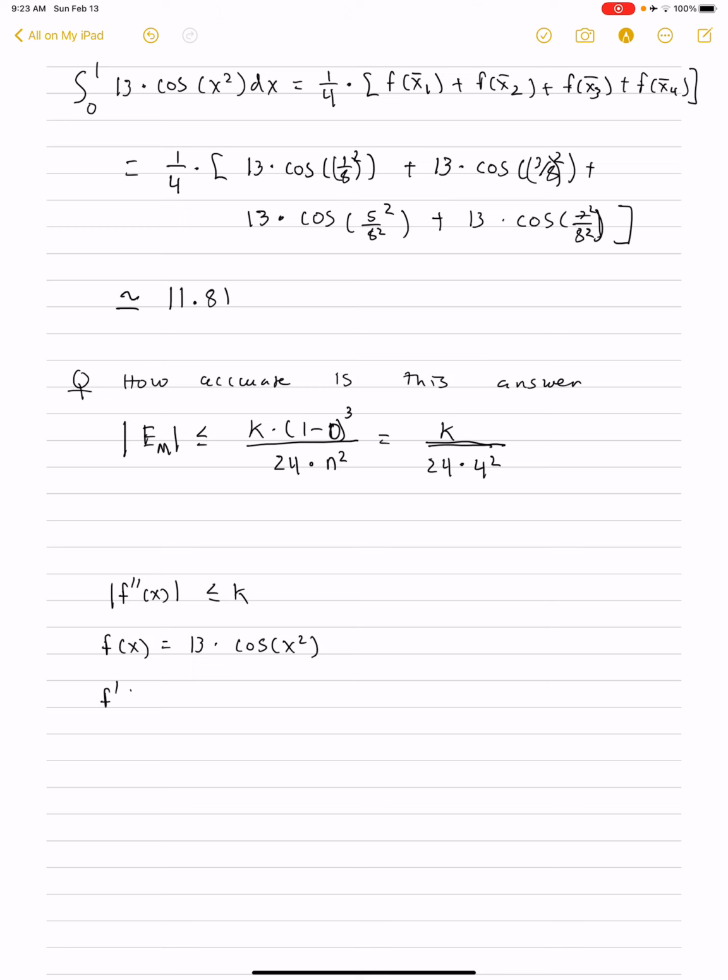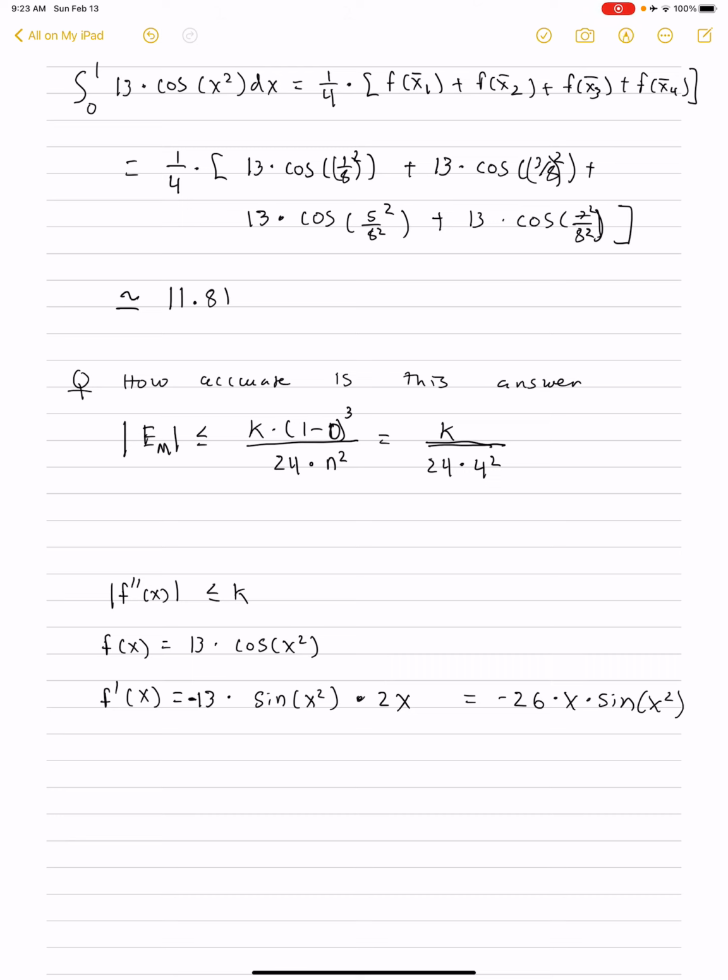So let's start calculating derivatives using the chain rule. That'll be 13 times negative sine, times the derivative of the inside, 2x. So minus 26 times x times sine of x squared.